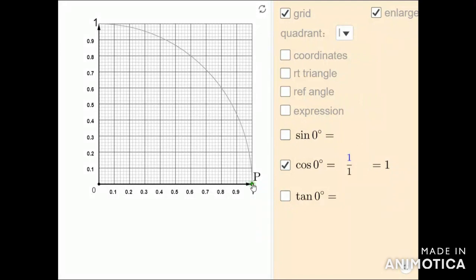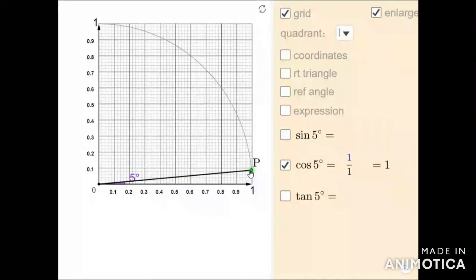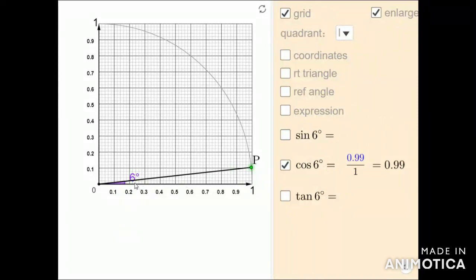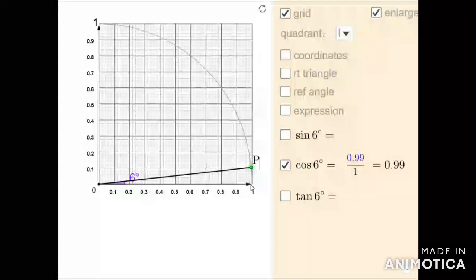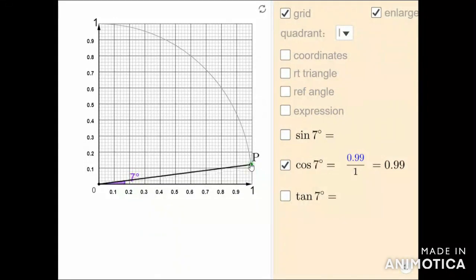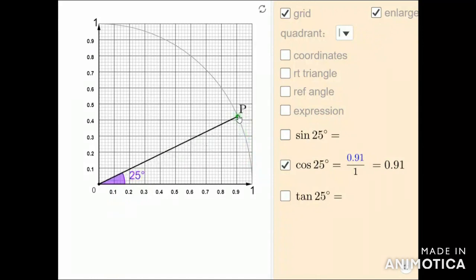If I change the position of the point from here to here, you will have the value of cos 6 degree, and cos 6 degree is equal to 0.99. Here the x coordinate of the point is slightly reduced, it is not 1, slightly less than 1. If you increase, you can observe the x coordinate of the point reduces.